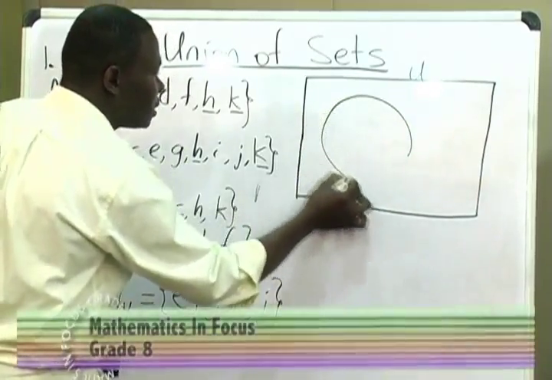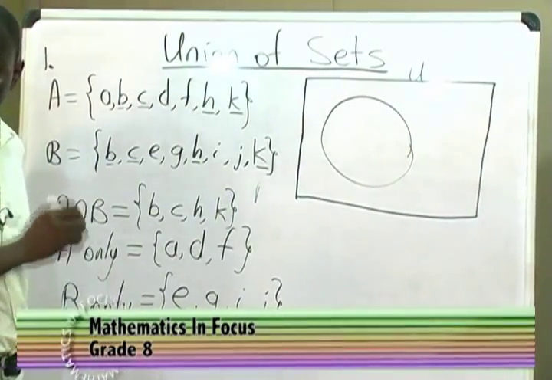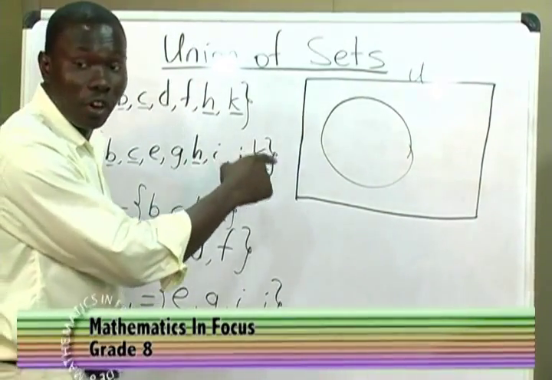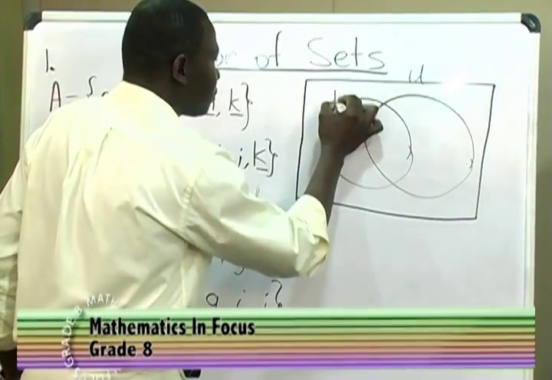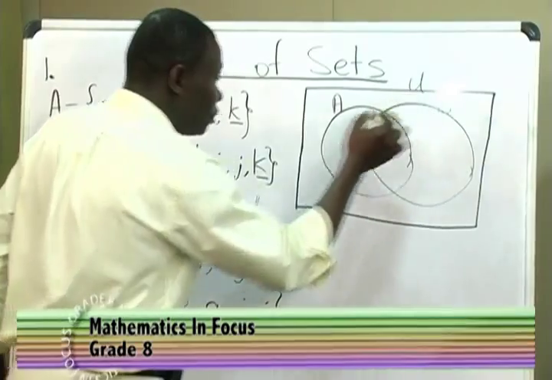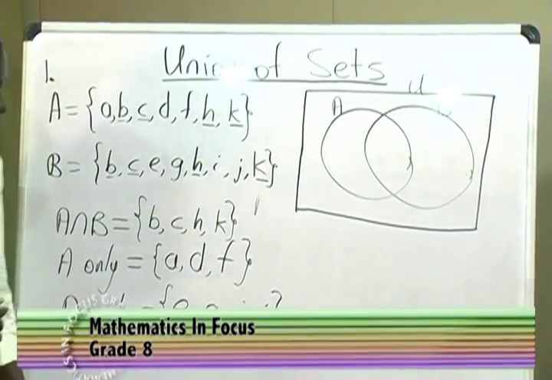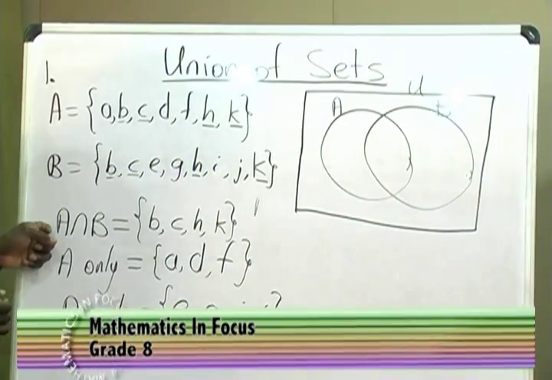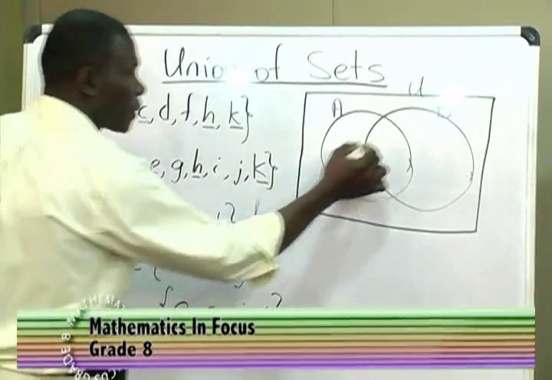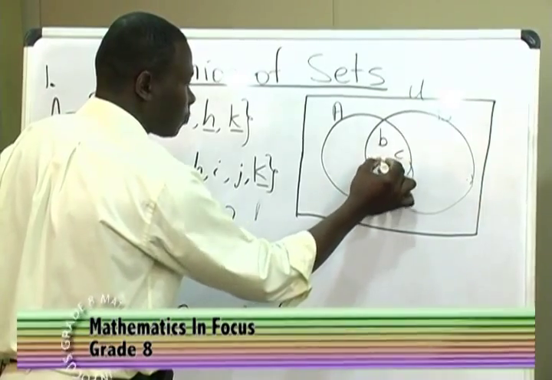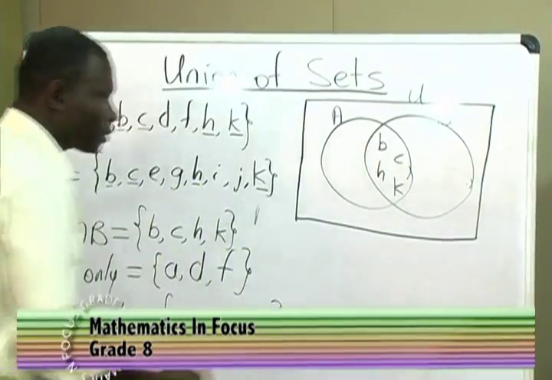There is an intersection, so we have to join the loops, A, B. Then we list the elements in the intersection. The elements in the intersection are? B, C, H, K. Good.